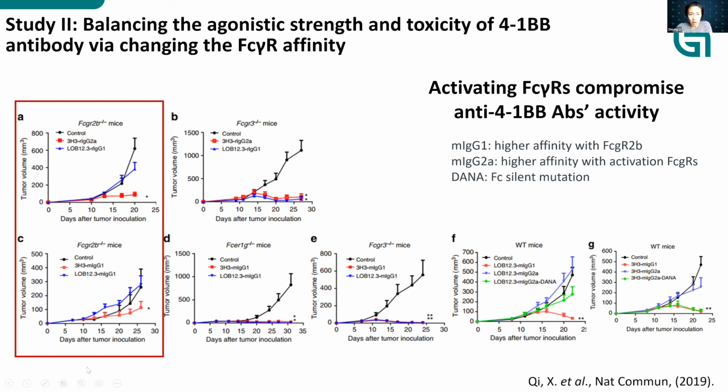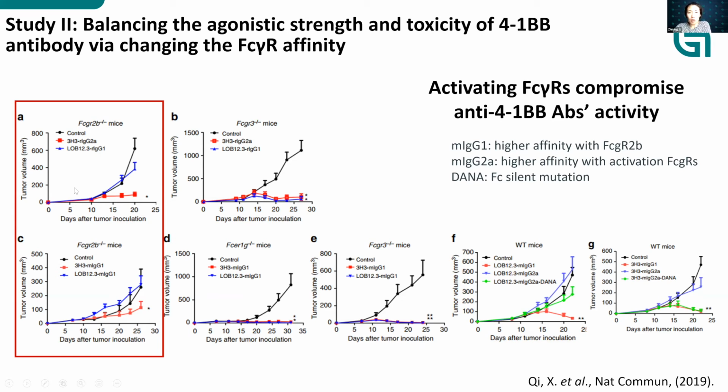So this particular experiment tells us both the high affinity and the low affinity antibodies actually rely on, or to some extent take advantage of, the Fc region and its activity with the Fc gamma receptor on the NK cell to fully exhibit their tumor suppression activity.